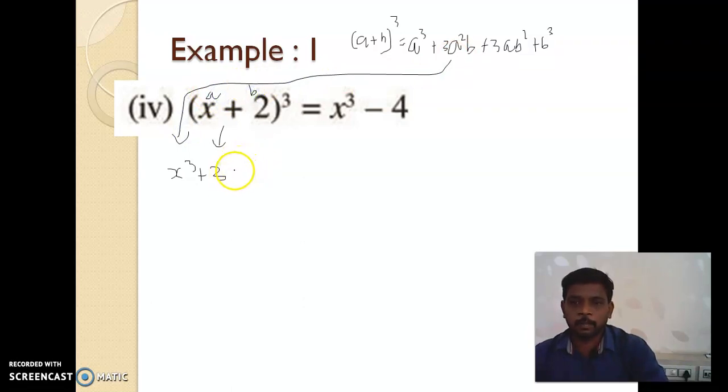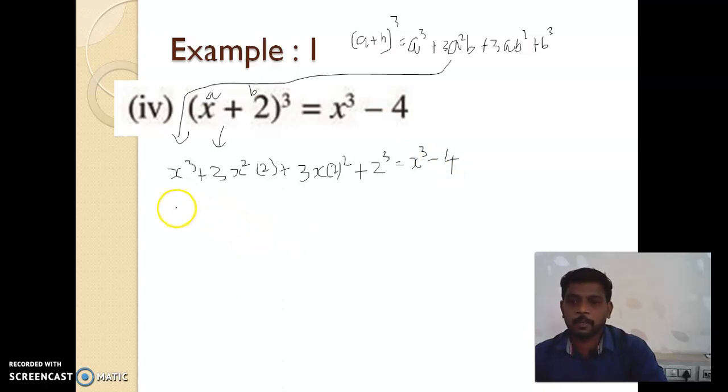So 3a²b: a means x here, so 3x² into b, that is into 2, plus 3ab²: 3 into a, which is x, and b², that is 2², and finally b³, where b is nothing but 2 only here, so 2³. So equal to x³ - 4.